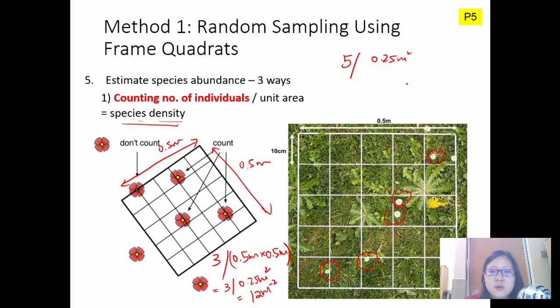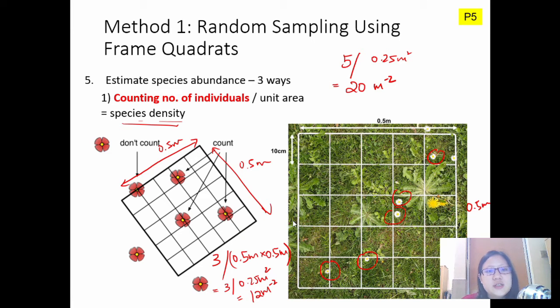You calculate 0.25 meters squared by multiplying 0.5 by 0.5, and if you do this, you'll get 20 per meter squared. So this is the species density of daisies in this quadrat.